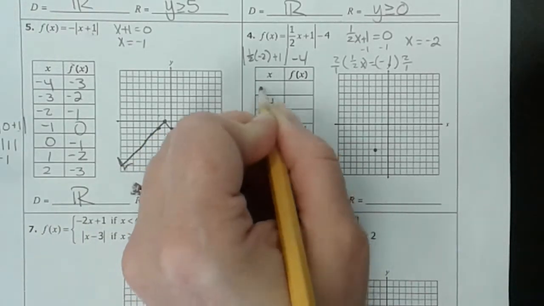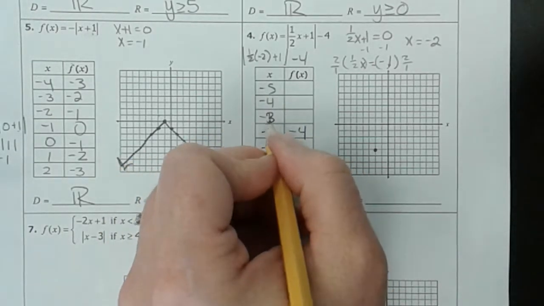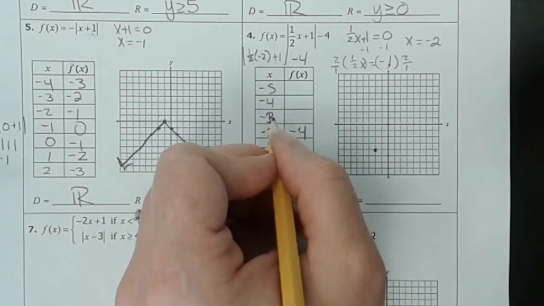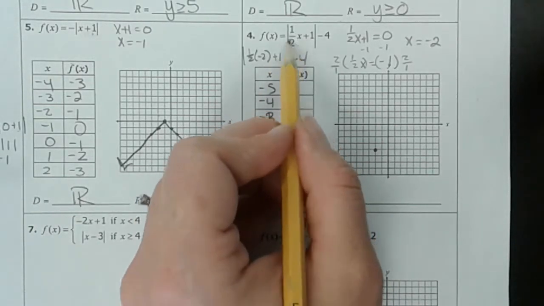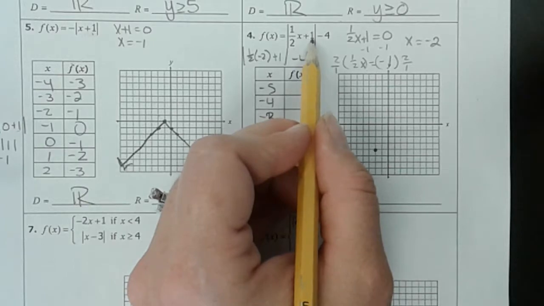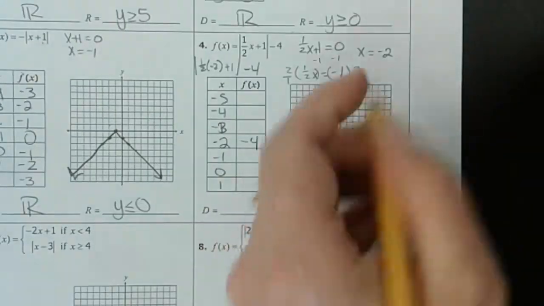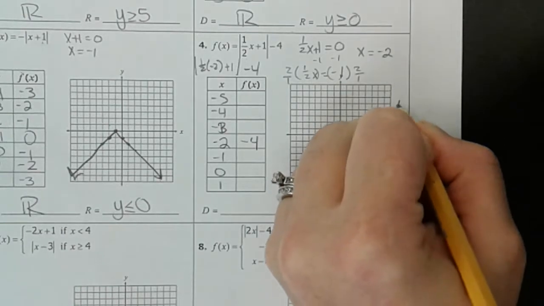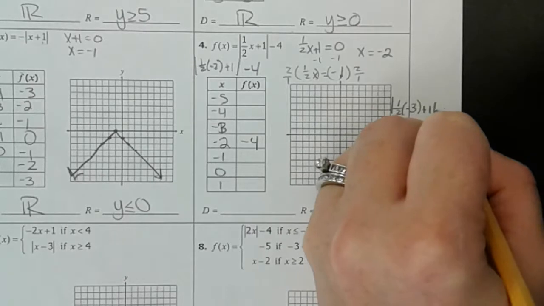-3, -4, -5, -1, 0, and 1. When we plug in -3 to this one, it's going to be 1/2 times -3 plus 1, absolute value, minus 4.